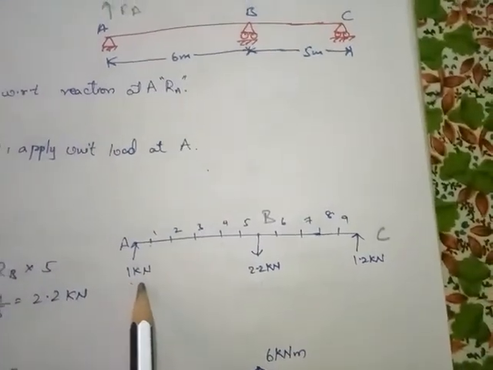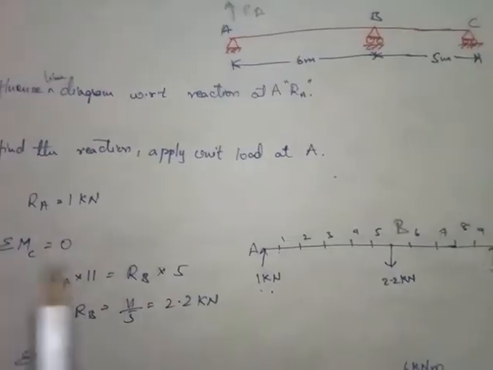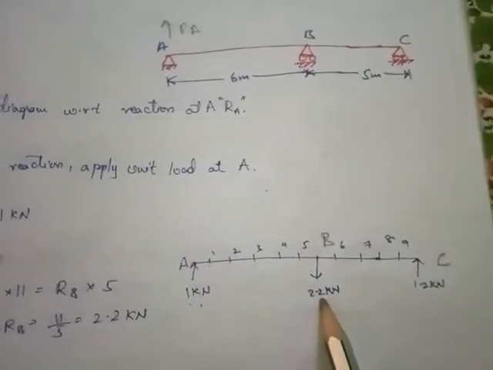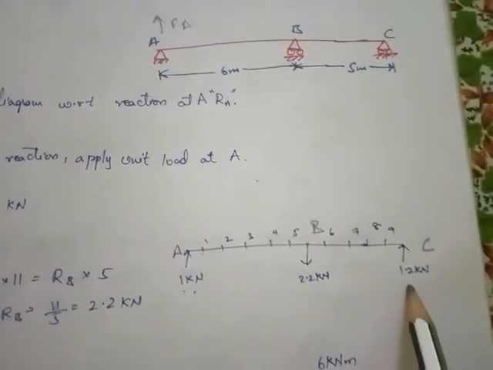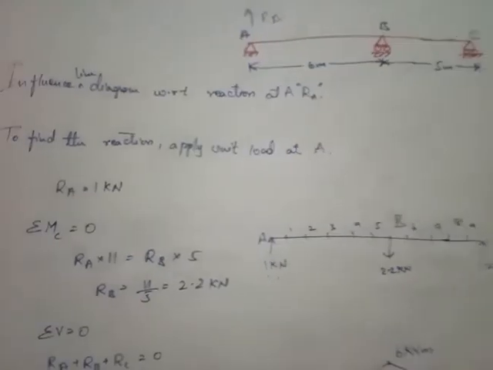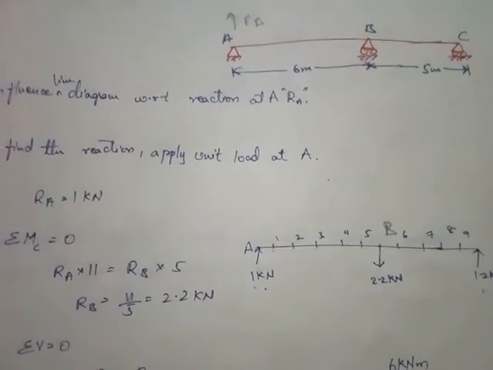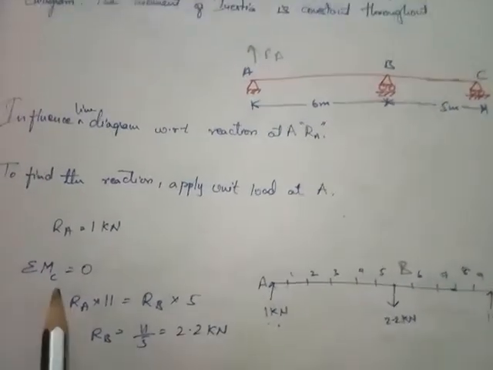As we apply 1 kilonewton of load at A, we want to calculate the reactions RB and RC as well, so that we can draw the influence line diagram.